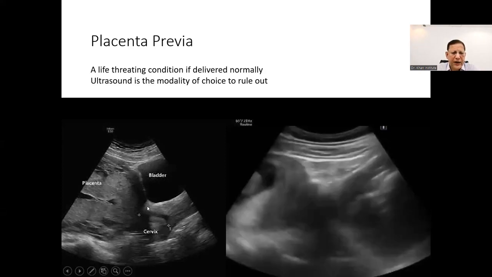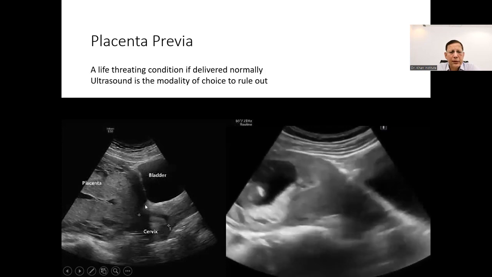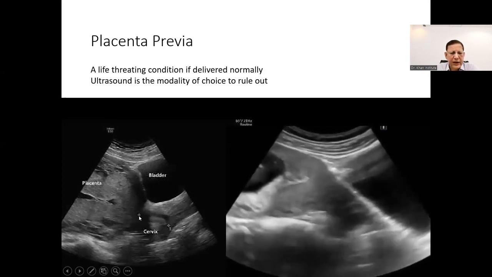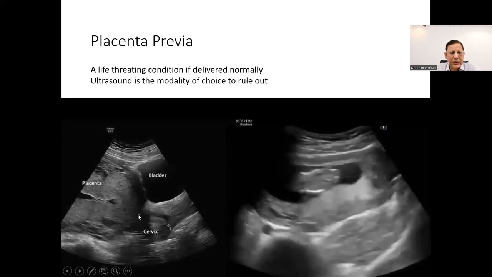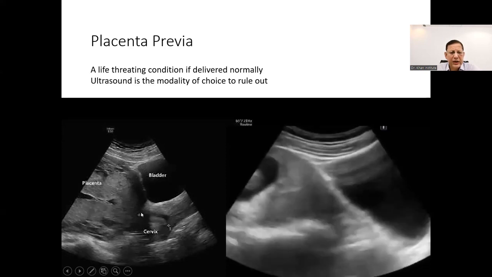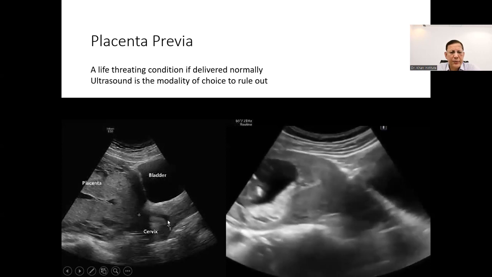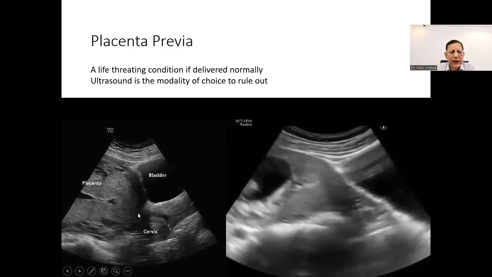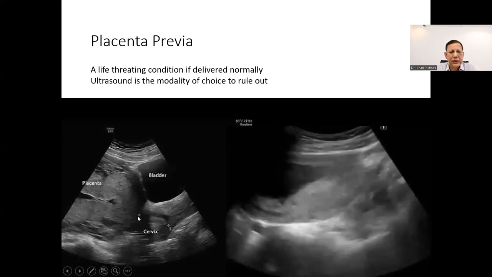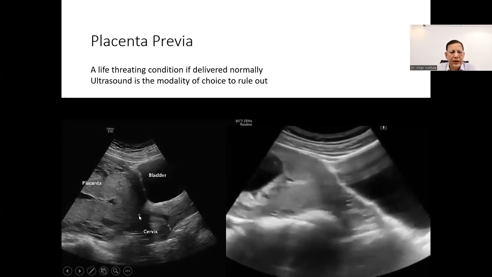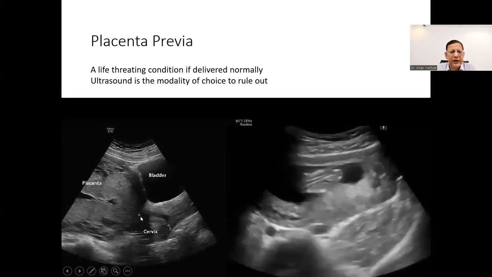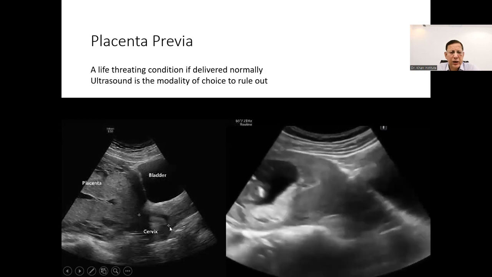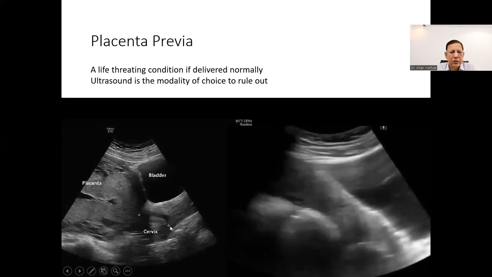Just for the sake of the example, normally this is the cervix, and you can see two cursors, one at the top and one at the bottom. This is the cervical canal, and this small opening at the top of the cervix is called the internal os, and this on the outside is called the external os.